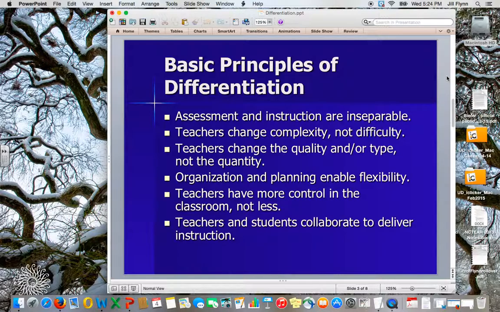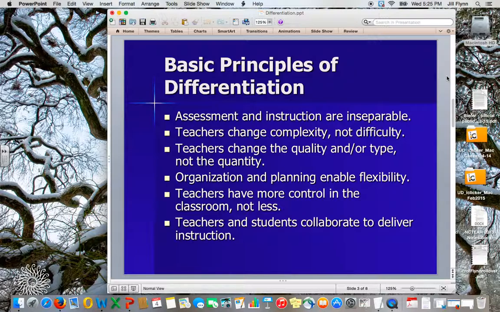Some basic principles that underlie differentiation we already know. You guys are doing a great job understanding that assessment and instruction are linked. You can't know if somebody learned something unless you assess it. With differentiation, we don't necessarily have to change the difficulty of tasks, but you might have to break things down and change the complexity, making it more or less complex.